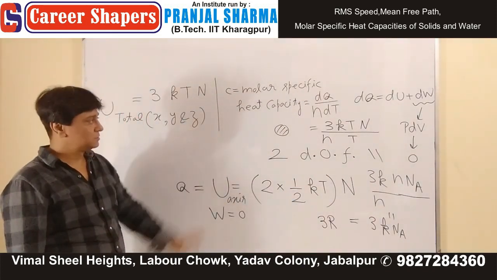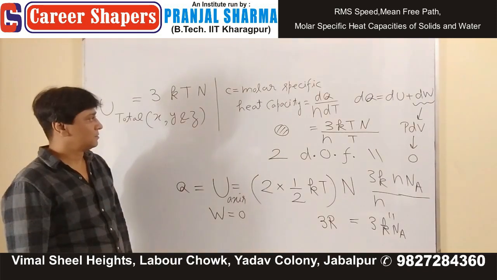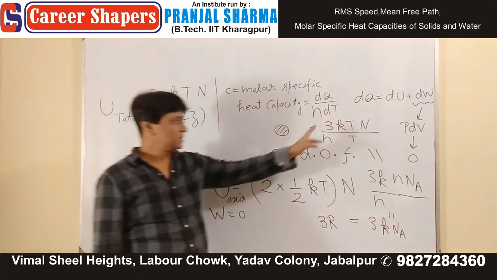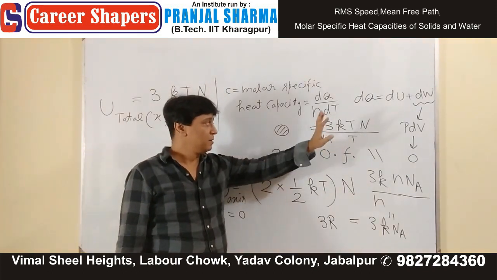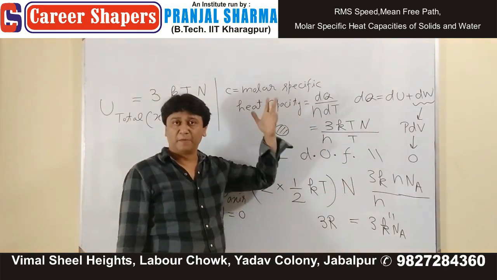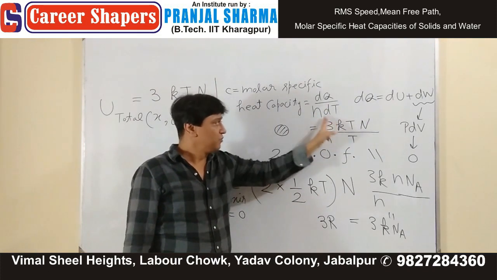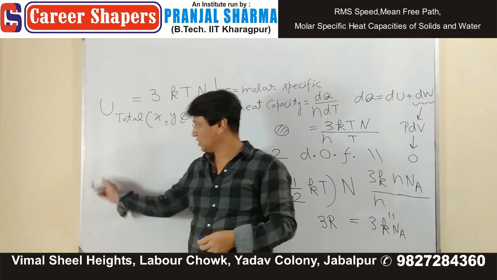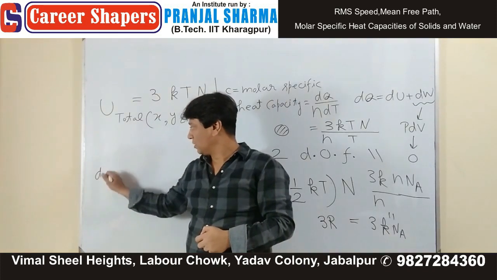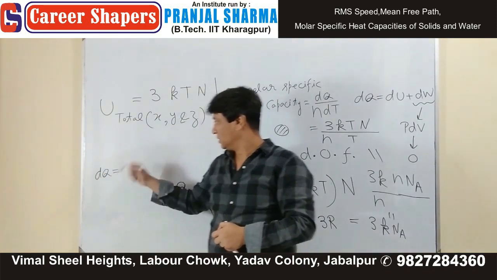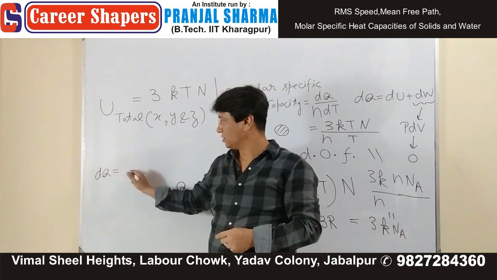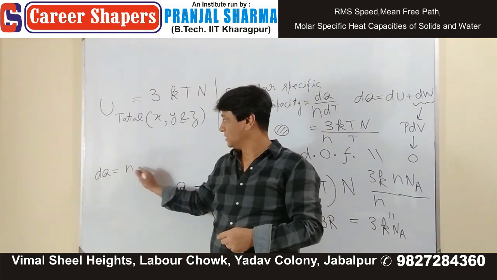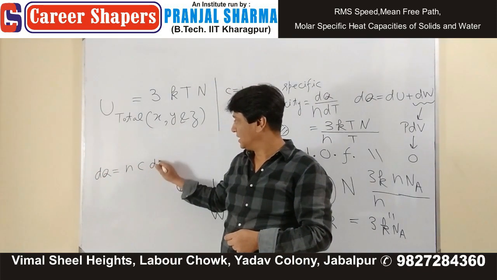Write this down. And then I will further explain this dt and T, because maybe you get confused with this dq and dt, but there should not be any confusion. Look here, we can always do something like this: dq is nC dt.